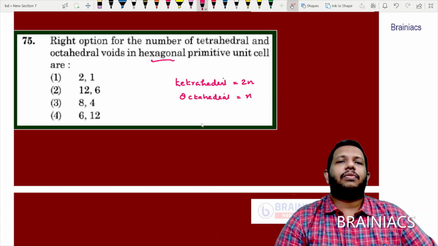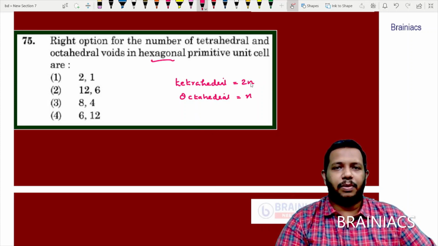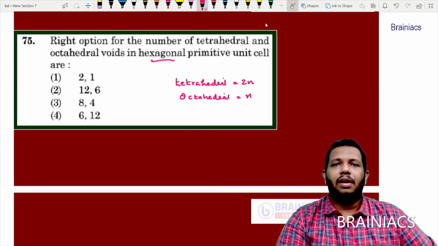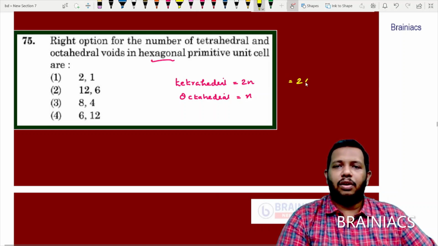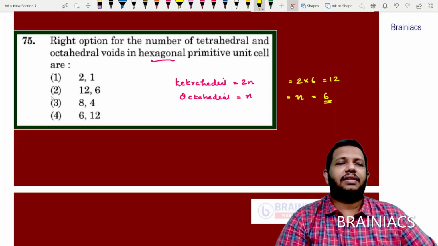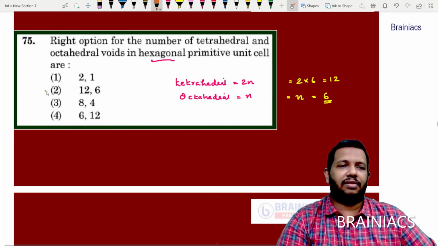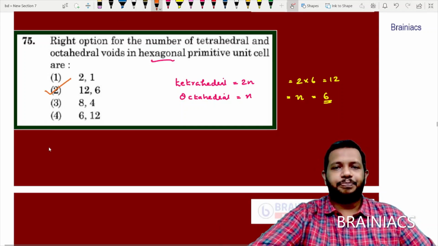Here n is the number of atoms per unit cell, equal to 6. So the answer will be 2 into 6, that is 12 tetrahedral voids, and the number of octahedral voids is equal to the number of atoms in the unit cell, that is 6. So 12, 6, option B should be the correct answer for this one. Clear?